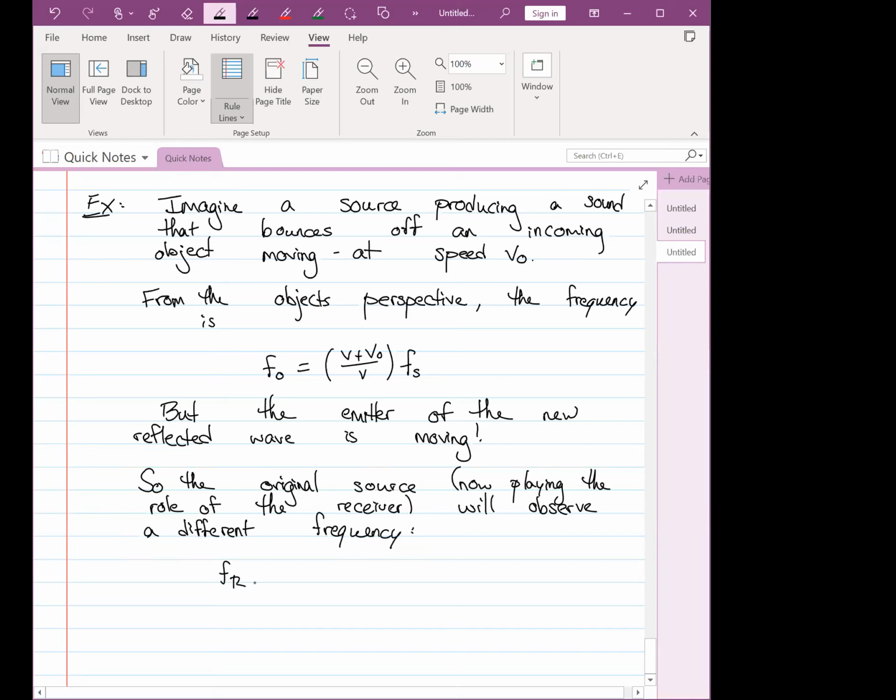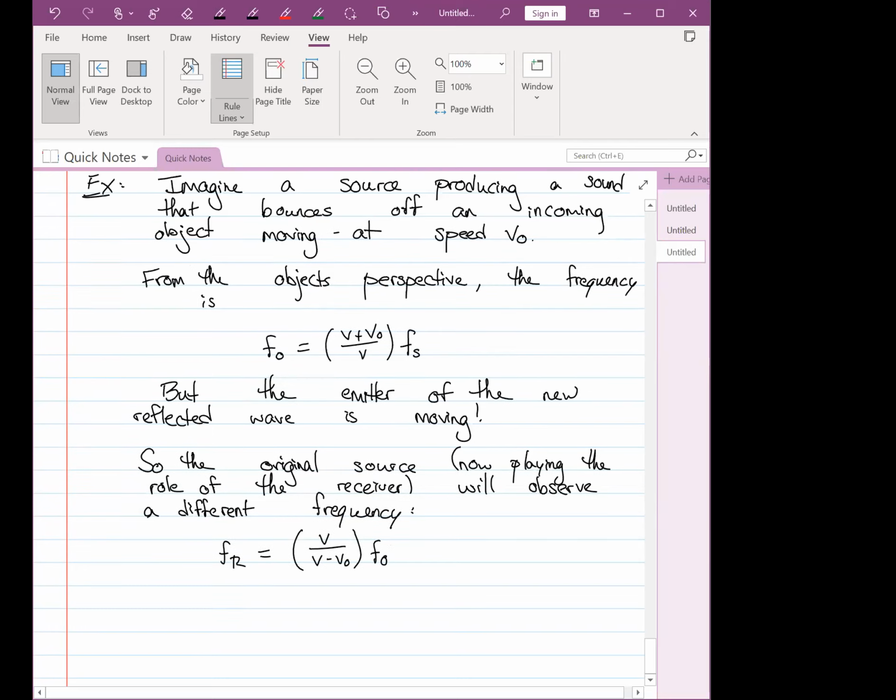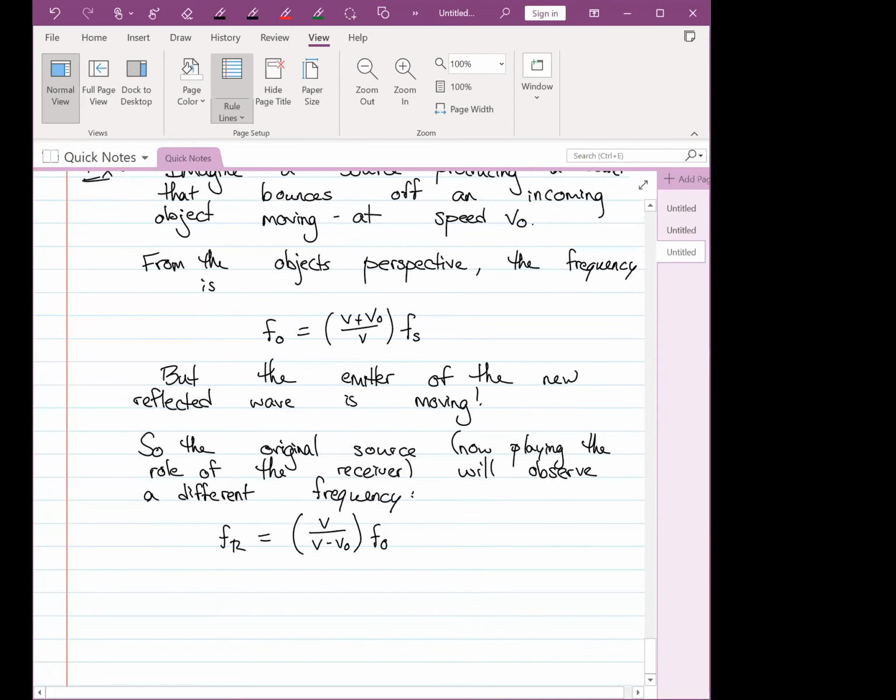The received frequency at the location of the source, stationary of course, would be V over (V minus V naught), because in this case we would use the formula for when the source is moving towards the receiver. And this would be times the frequency of the emitting source, which is F naught. And so we can plug in our result for F naught.